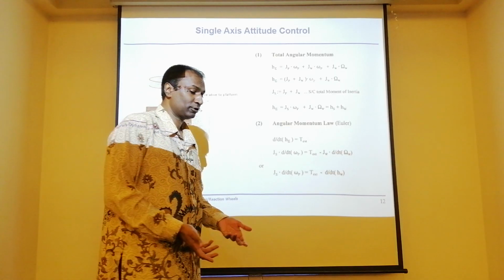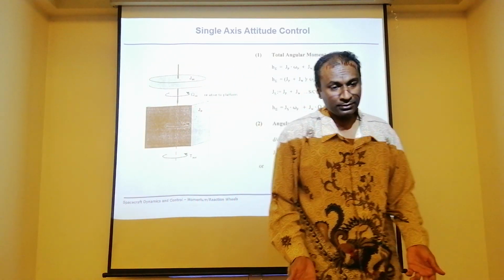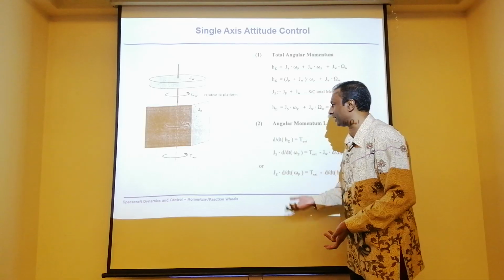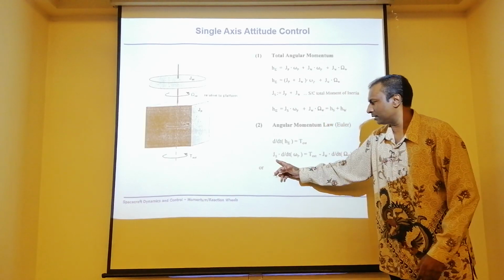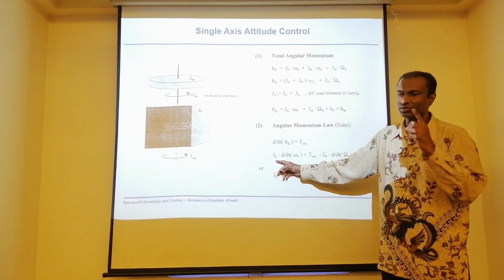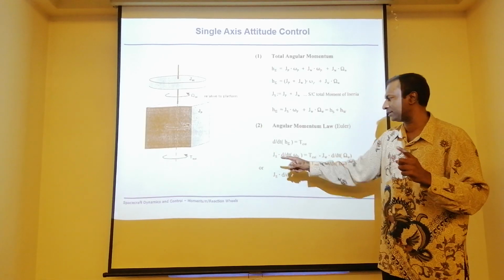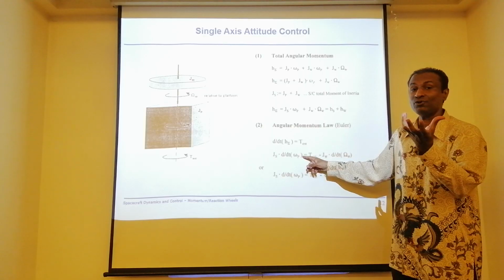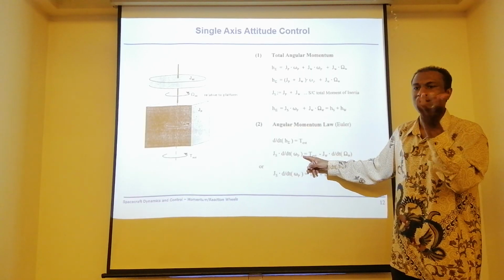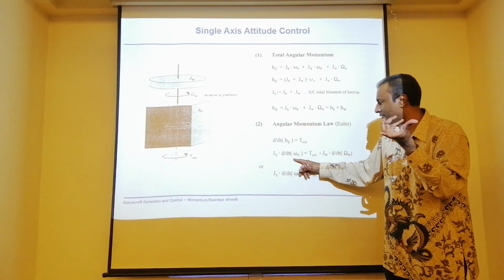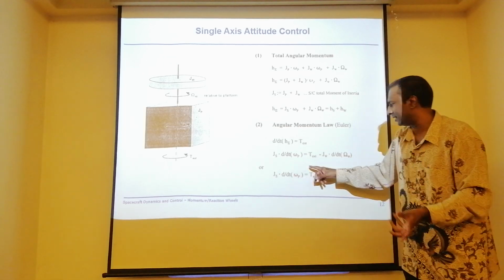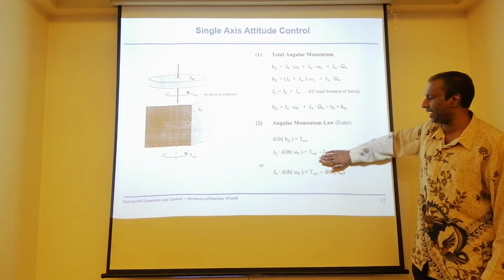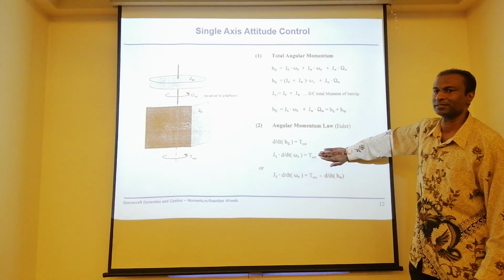The satellite velocity is changing. Angular velocity is changing. The wheel angular velocity can change. So I can write this. The inertia of the satellite platform remains constant. The angular rate of the satellite can change. When the angular rate of the satellite changes, why does it change?